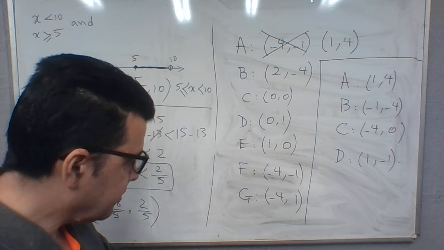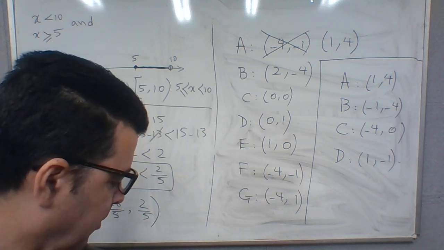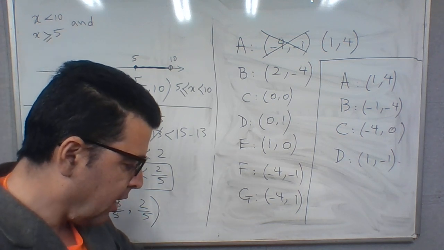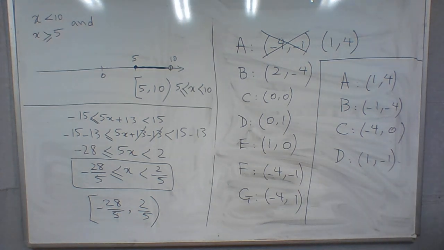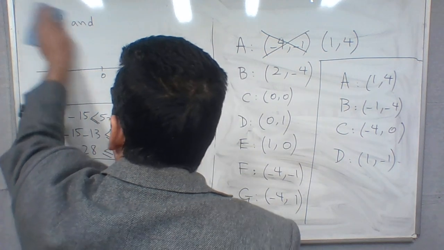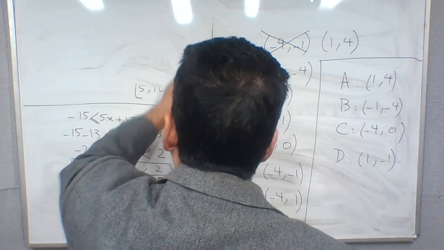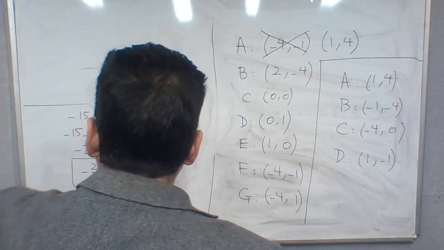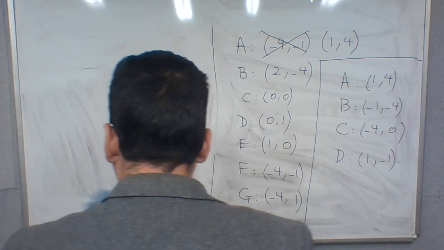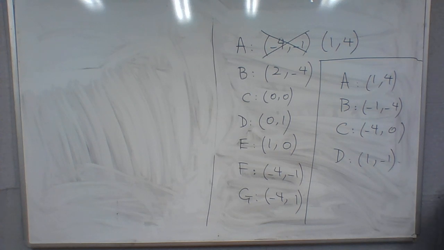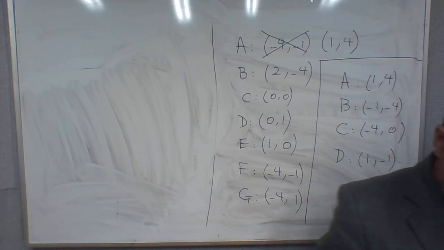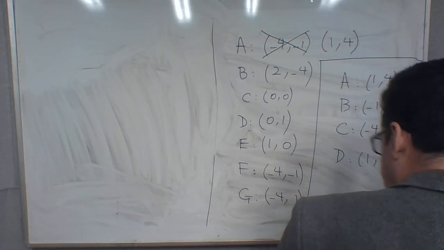Plot the following. Okay, we have 5 points that we need to plot on the coordinate system. Okay, I draw the coordinate system.